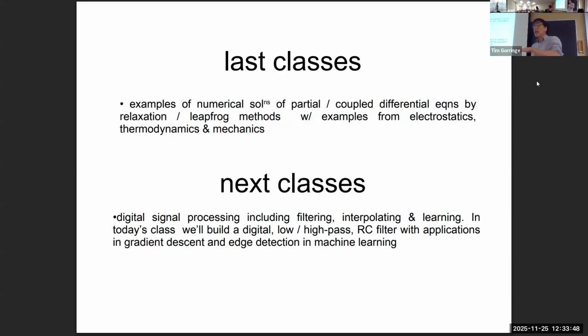It's used in gradient descent and removing noise in gradient descent. The high pass is also used in machine learning. It's used in edge detection and feature detection. So both of the filters we talk about today, the low pass, high pass filter, are used in machine learning applications.